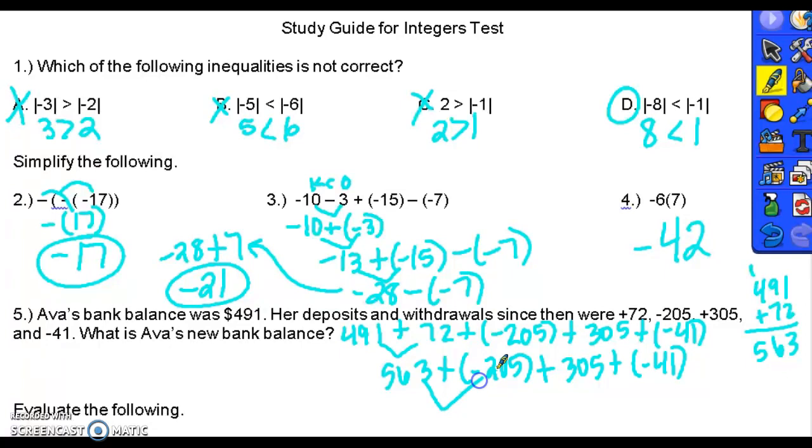Next, I have 563 plus -205. My signs are different, so I subtract. 13 minus 5 is 8. 5 minus 0 is 5. 5 minus 2 is 3. It's positive. Bring everything else down.